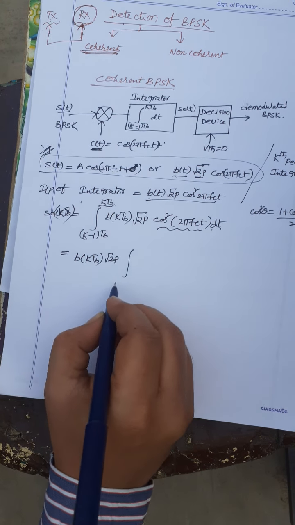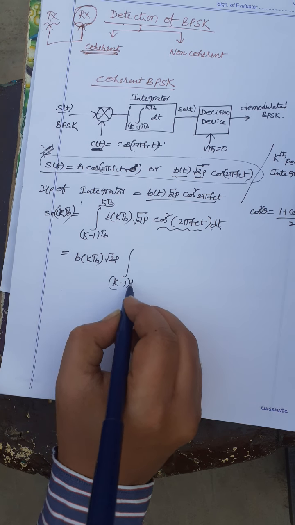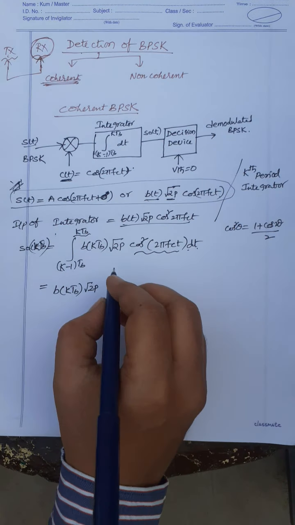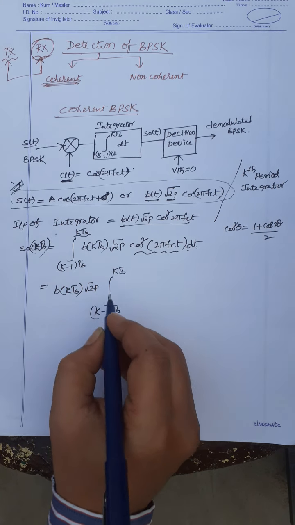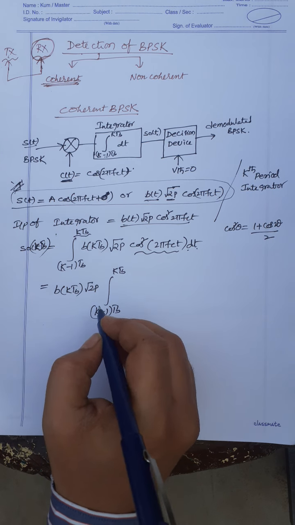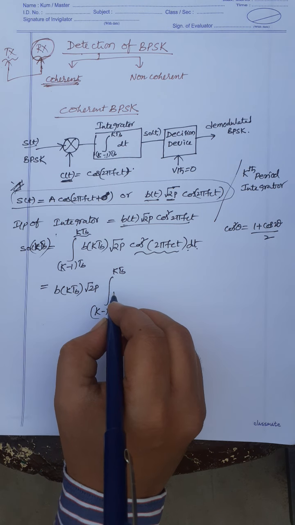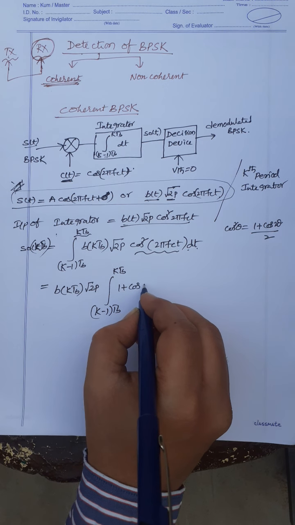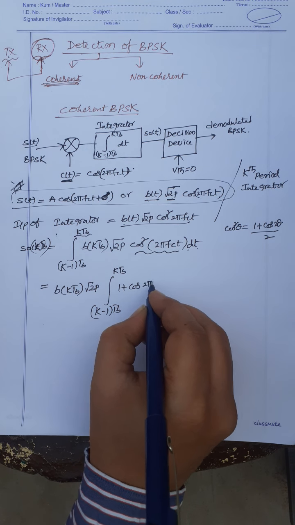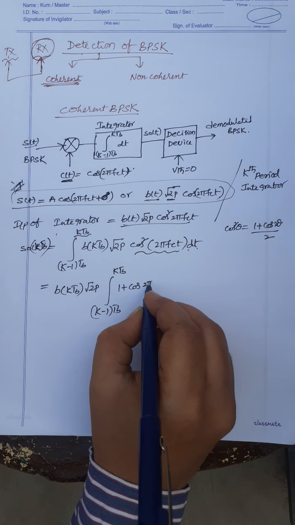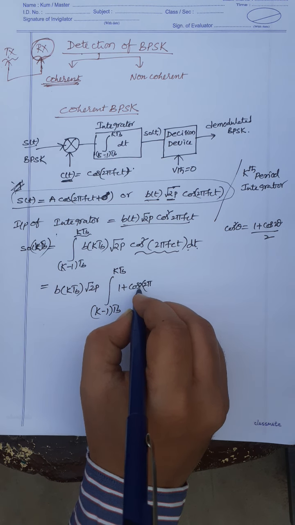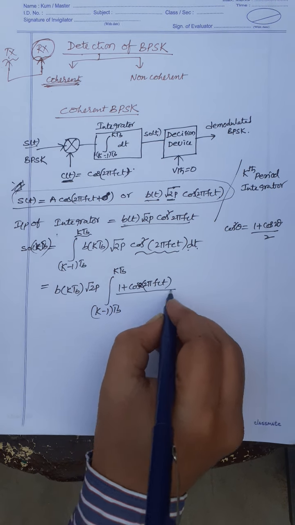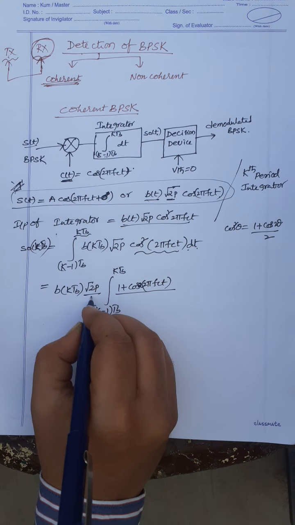So here I write the integral from k minus 1 TB to KTB of 1 plus cos of 2 into 2 pi FCT, divided by 2.